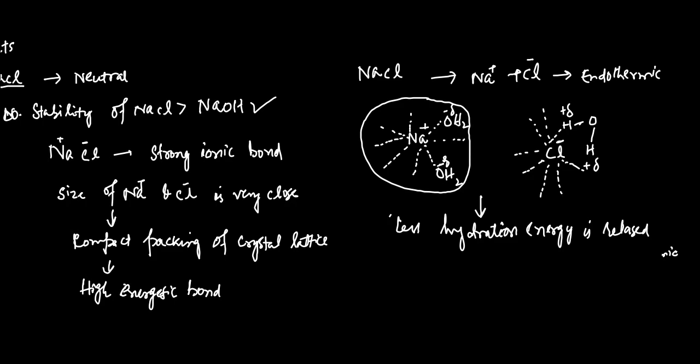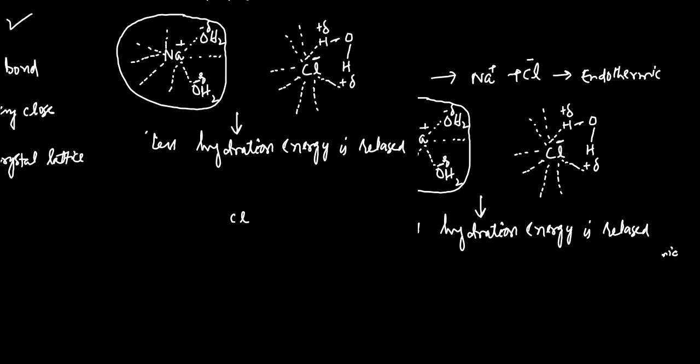Because if you see the size of chloride ion, the size of chloride ion is greater than hydroxide ion. So when the size is higher, the charge density of this ion is lower. What is the charge density? So it has a lower charge density than hydroxide ion.